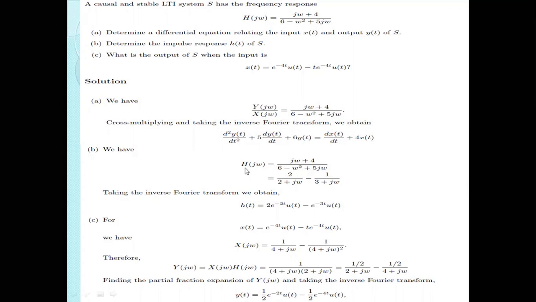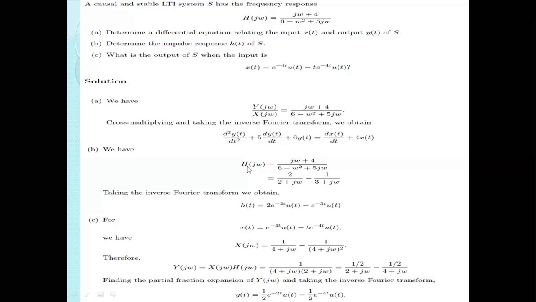Okay, and the impulse response h of t is equal. By using the partial fraction expansion method, you can find the h of t. And what is the output of the system when the input x of t is given as this function, 1 by (4 plus j omega), and into it, means 1 by (4 plus j omega) whole square.